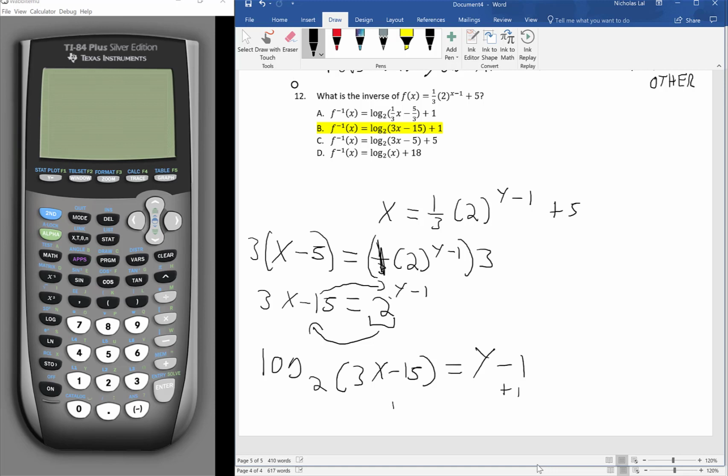Add 1 to each side, and y is equal to the log base 2 of 3x minus 15 plus 1. So the inverse, that's a legitimate function. So the inverse of f of x is equal to the log base 2 of 3x minus 15 plus 1, making the answer choice 12B.